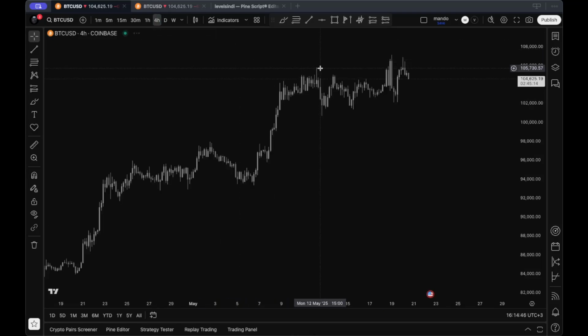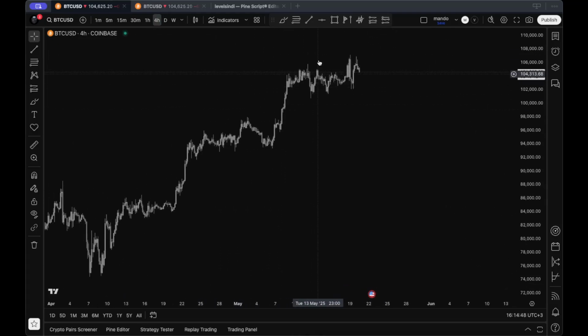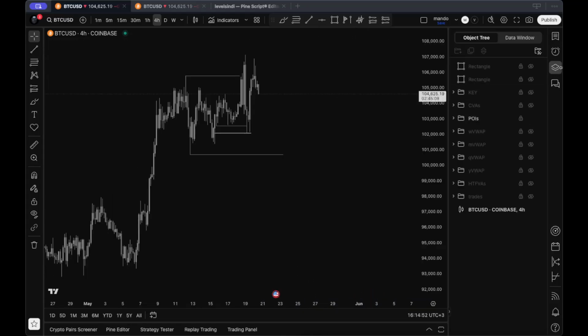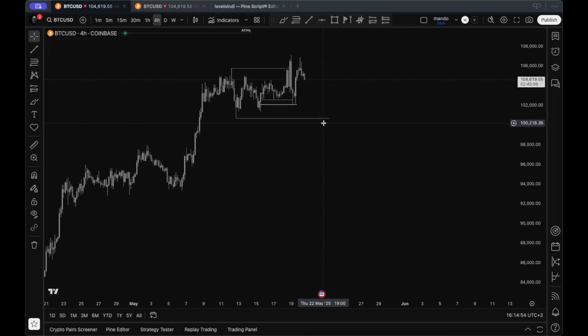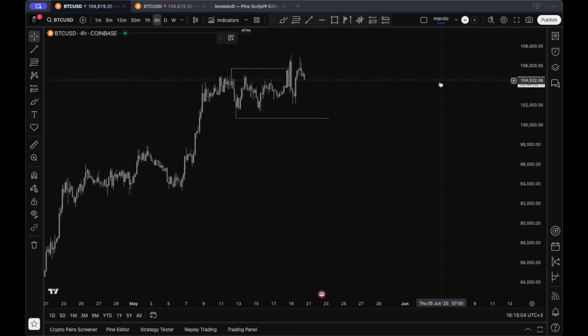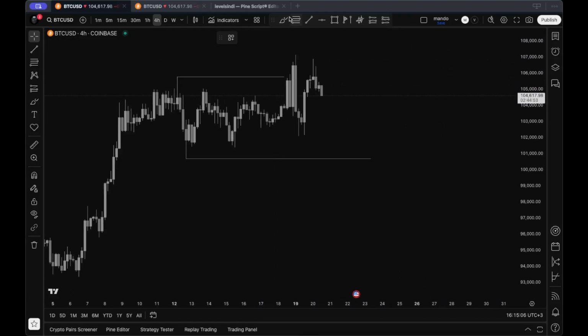Now let's go into the 4-hour chart. In the 4-hour chart, here we can see some pretty clean highs and lows. Let me hide these. So we can see some solid range being formed from these weeks.